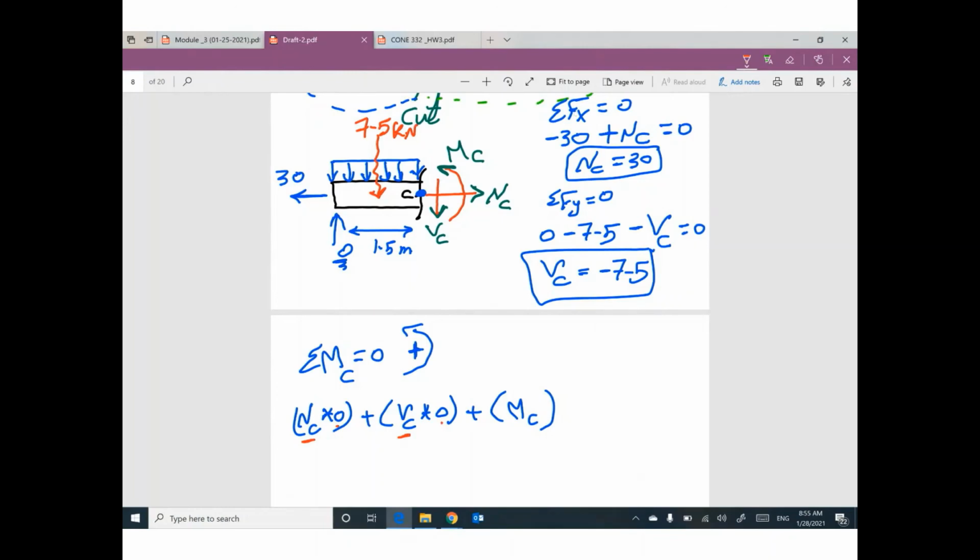Okay, what else? We have positive 7.5, this equivalent force, times this little distance. What is the horizontal distance here between this force and this point? We have 1.5, so 0.75 meter.